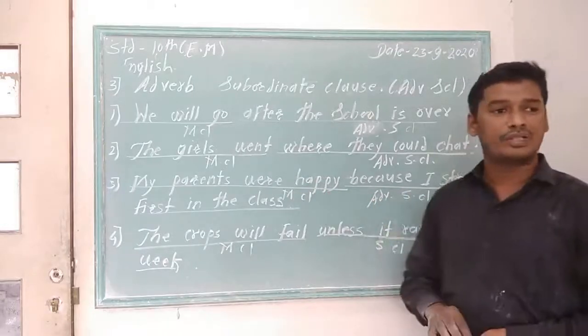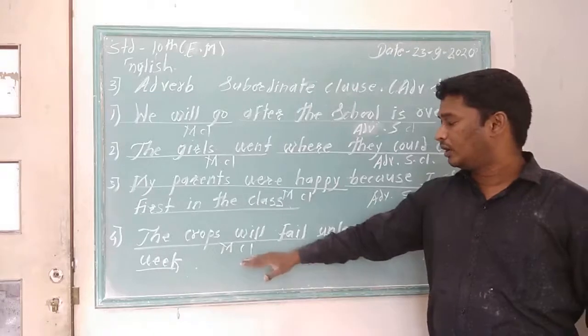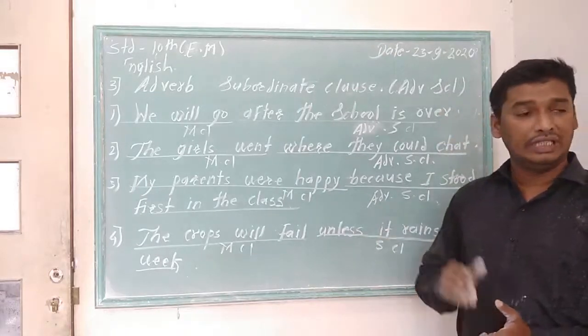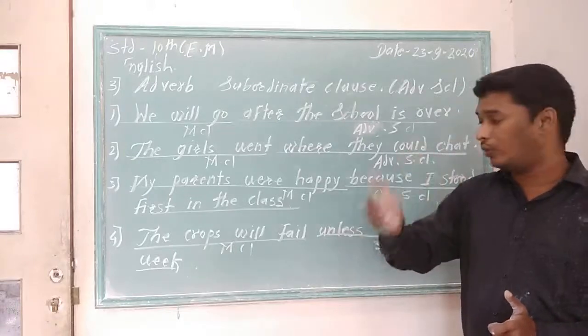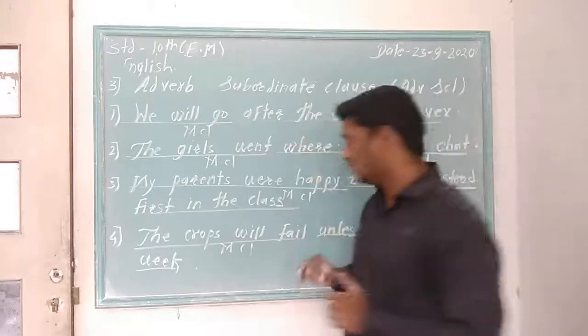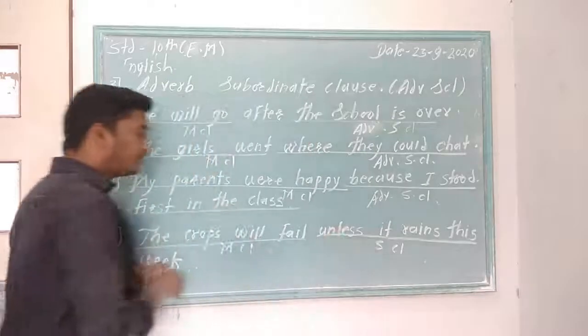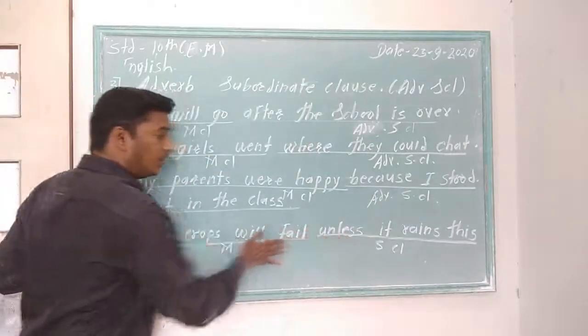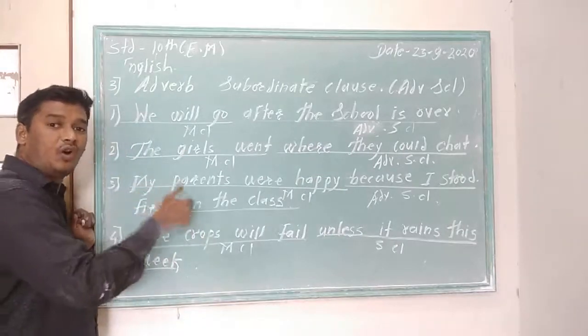The crops will fail unless it rains this week. If it doesn't rain, what will happen? The crops will fail. So this subordinate clause describes the action of failing in the main clause.